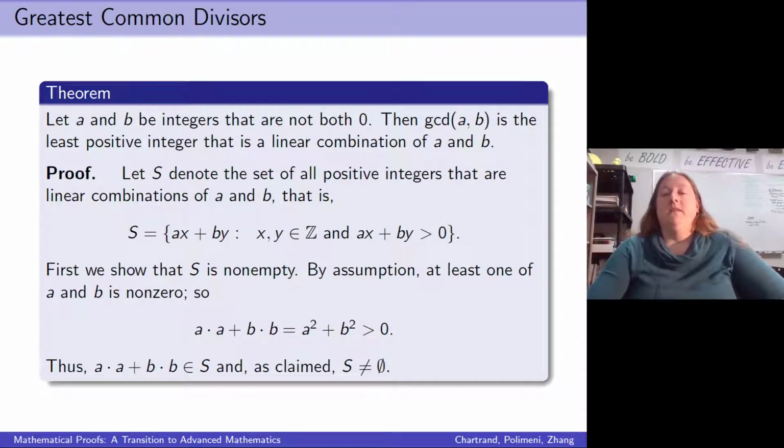And when we add them together, we get something greater than 0. So that means that a times a plus b times b is an element in the set S, so that we know that our set of positive integers that are linear combinations of a and b is not the empty set.